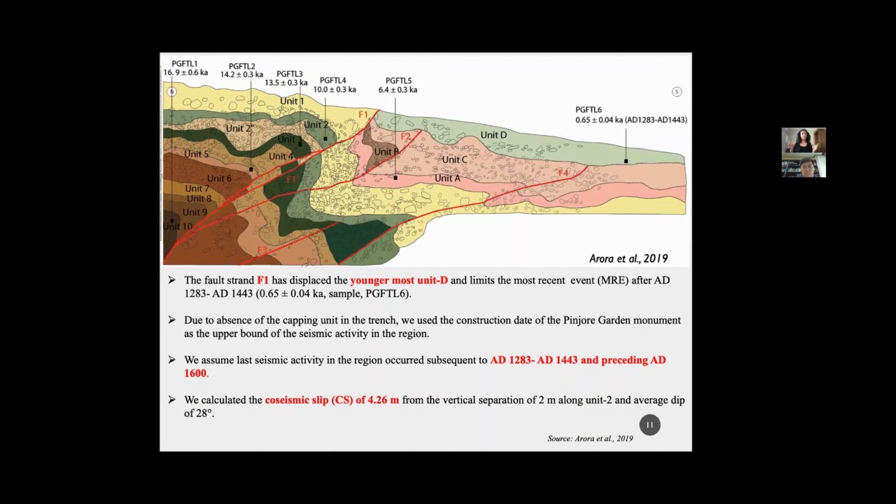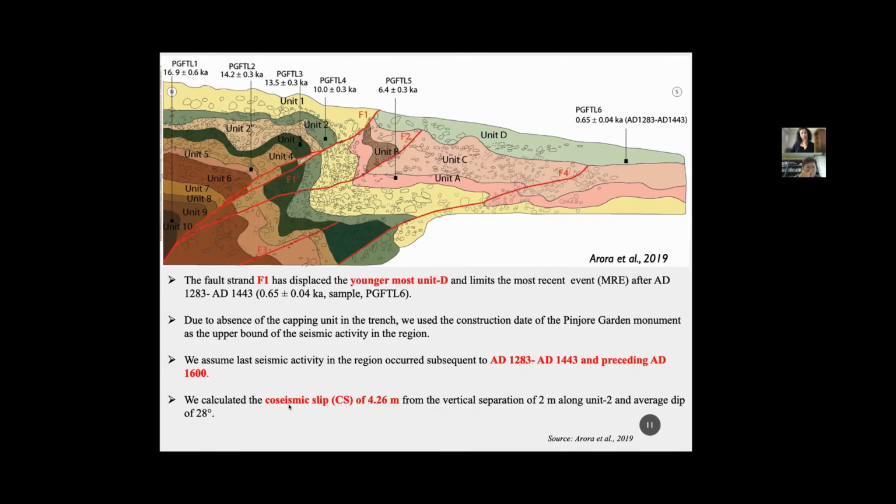So we can say that no large magnitude earthquake has occurred after the construction of this monument. So the construction date of this monument becomes the capping unit for our most recent event. We suggest that the latest seismic event in this region occurred after 1283, but before 1680.